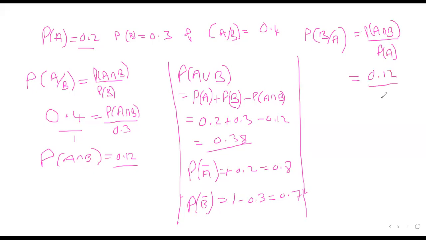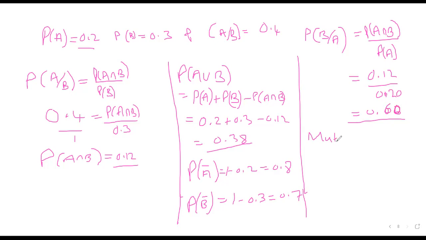And what is our A? 0.2. So what do you get? 0.6.